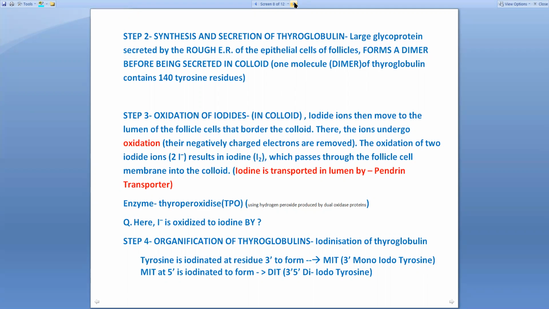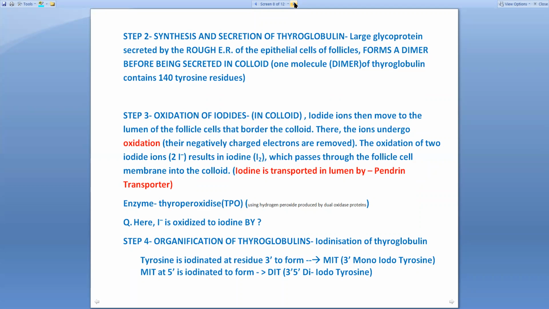One monomer has 67 to 70 amino acid residues. So it forms a dimer before being secreted into the colloid. So one molecule of thyroglobulin contains about 140 tyrosine amino acid residues.